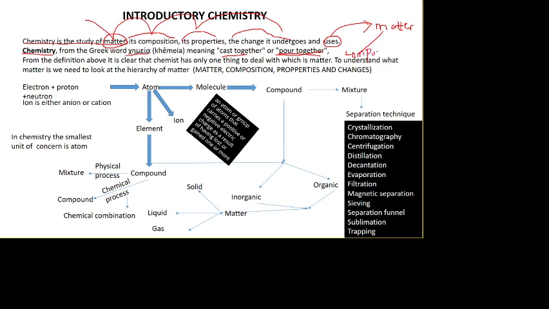We look at matter under composition. We also look at matter under properties, because we want to know the properties of matter. We also look at matter under change. What type of change does matter undergo?